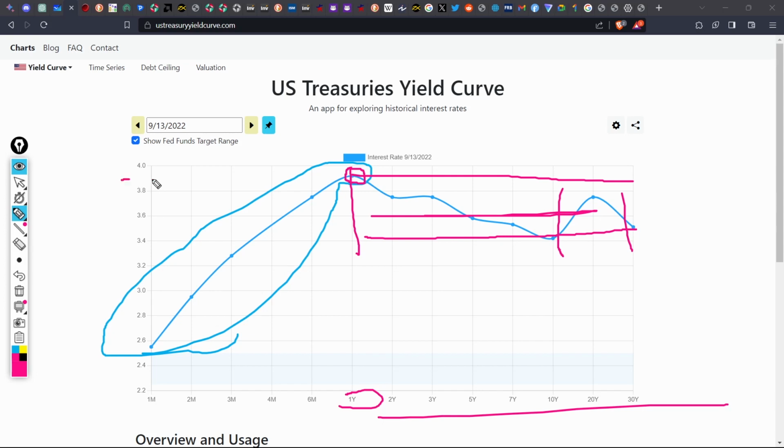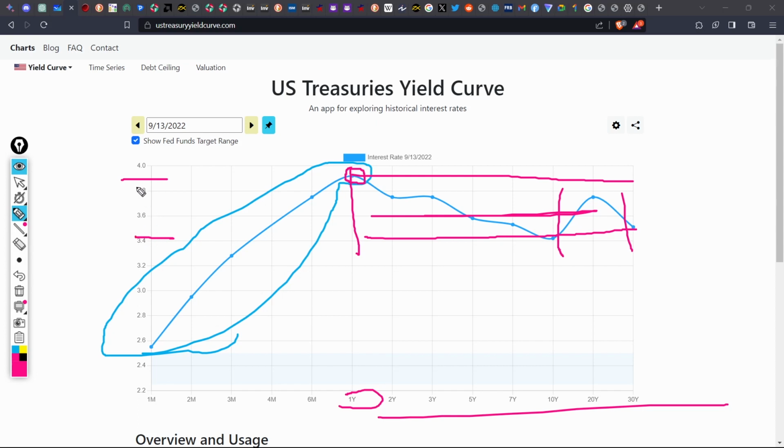The differential between the yields, the short-term ones and the long-term ones, is very small. It's not even a full percentage point. It's just about 50 basis points, I think.